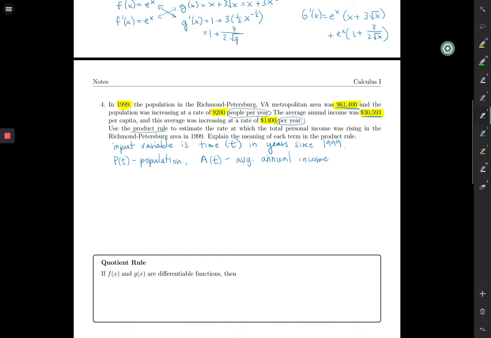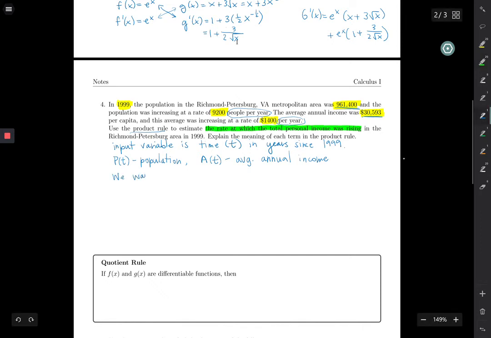And then we want to figure out how fast the total personal income was rising. So maybe I'll do this in a different color. We want to find the rate at which the total personal income was rising, right? So we're looking for the derivative of total personal income, right?